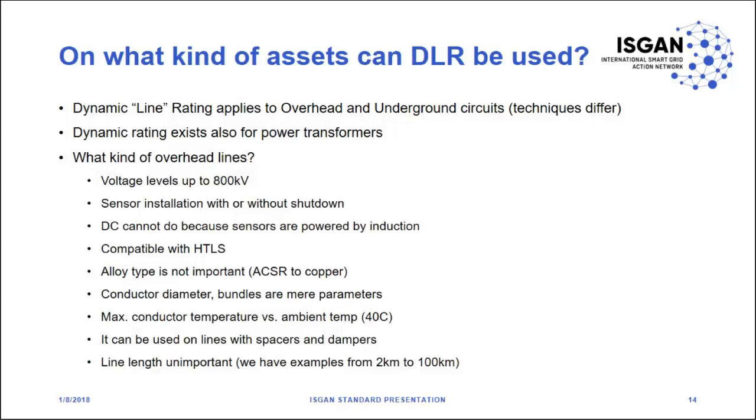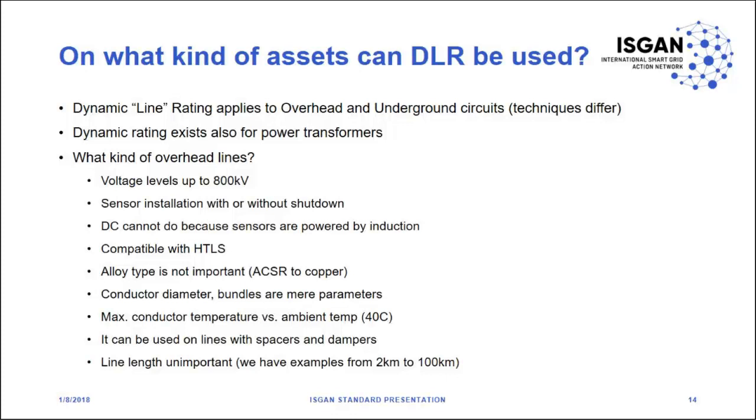DC circuits have not seen any dynamic line rating so far, because the sensors are powered by induction, and these lines, DC circuits, are only for EHV. So live installation is quite expensive, and so would be the installation to change the batteries or to do some actions on the sensor.